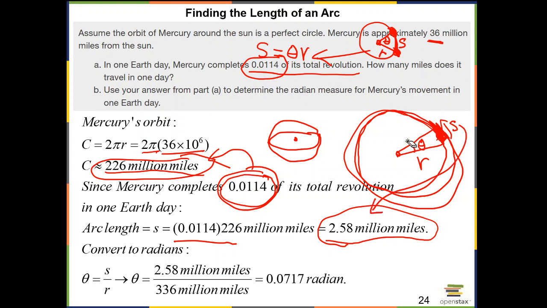So what we want to find, it says use your answer from part A to determine the radian measure for Mercury's movement in 1 day, 1 Earth day. So what is that radian measure? What's that angle, right? And to find that angle, we use the relationship between theta, S, and R. So theta is going to be this number, which is S that we found, divided by the radius of Mercury, which is 36 million miles, not that.